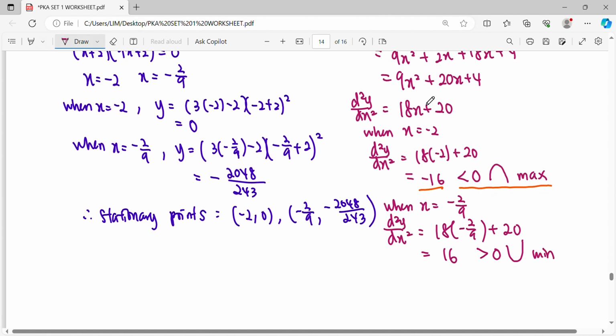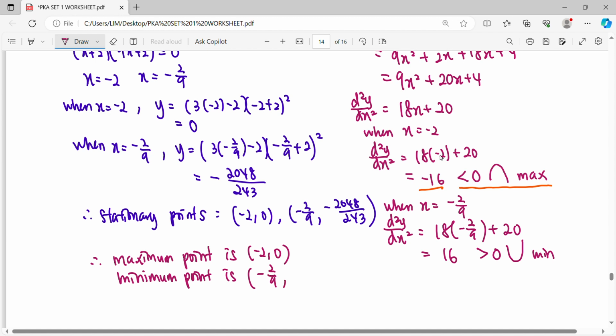Therefore, we can do our conclusion here: the maximum point falls on x equals negative 2. The minimum point is negative 2/9 and negative 2048/243. So from the critical points here, or stationary points, we managed to classify them. There is a maximum and a minimum.